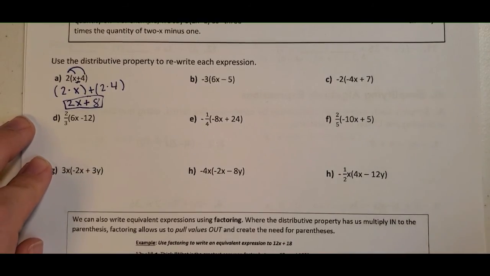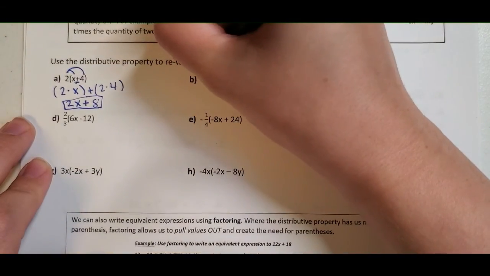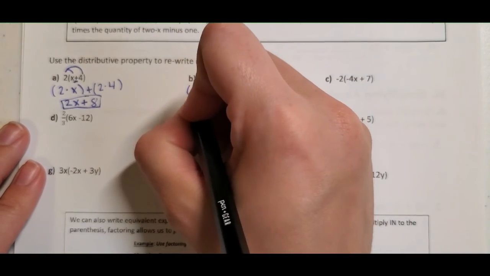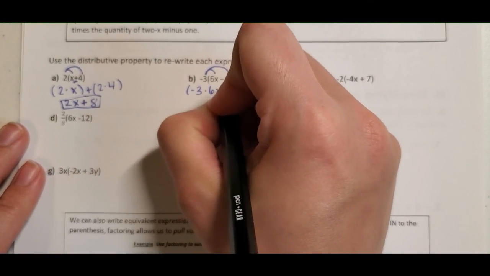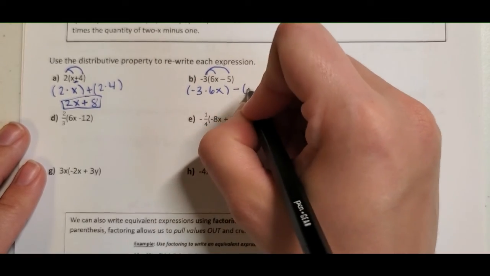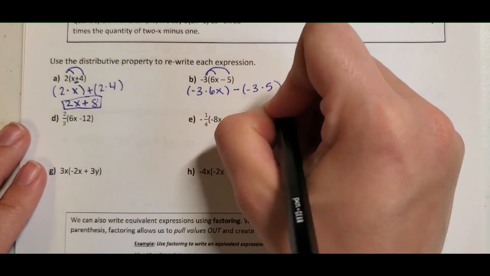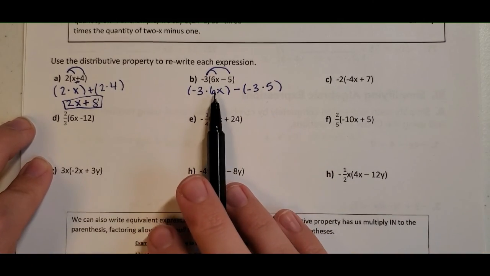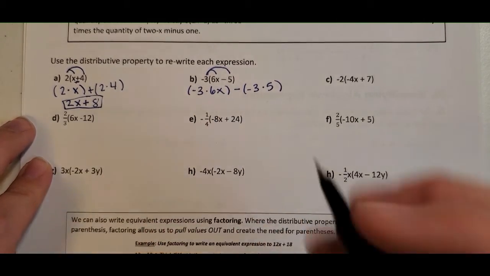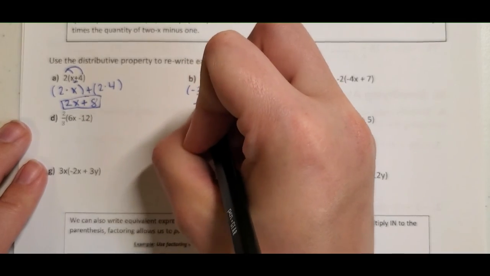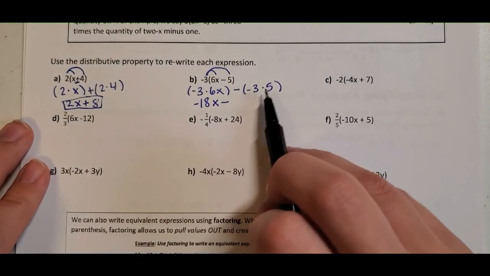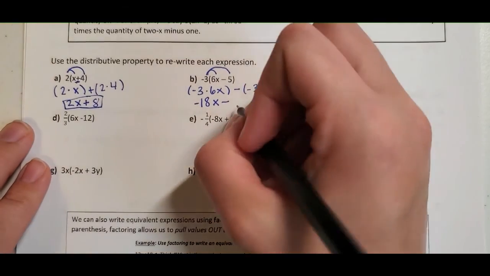Okay? Looking at B, I'm distributing the negative 3. So I'm going to have negative 3 times 6x minus negative 3 times 5. Okay, negative 3 times 6 is negative 18. And remember, just bring down the x. Minus negative 3 times 5 is a negative 15.